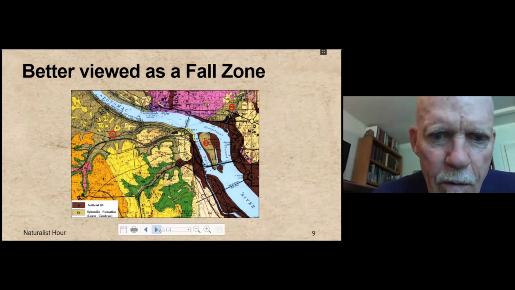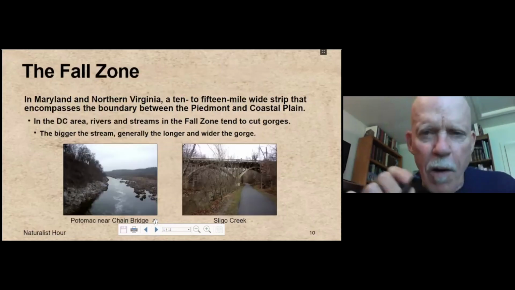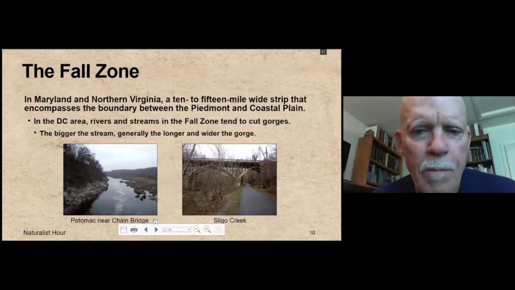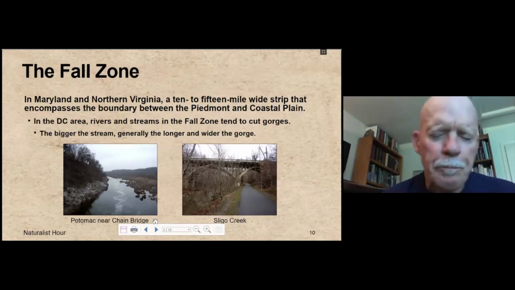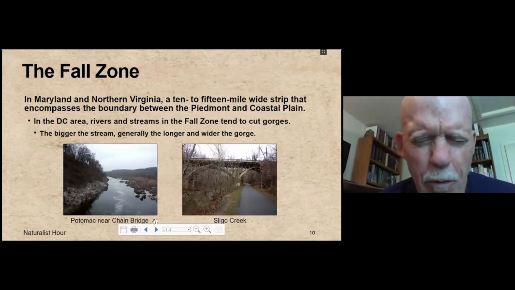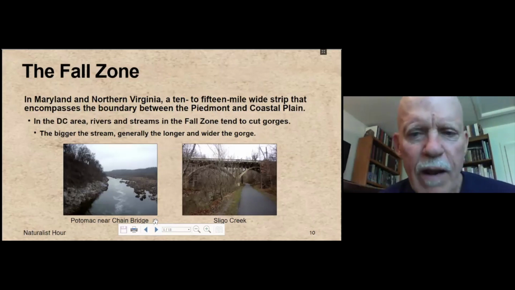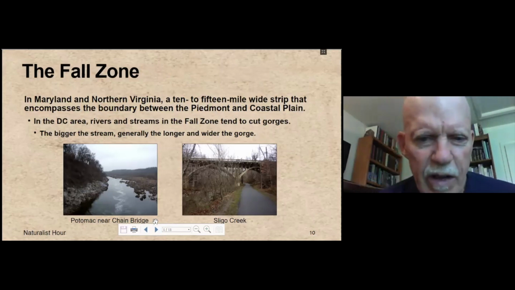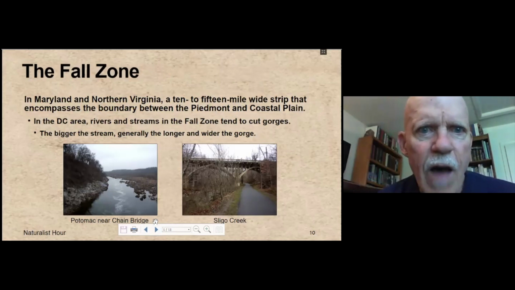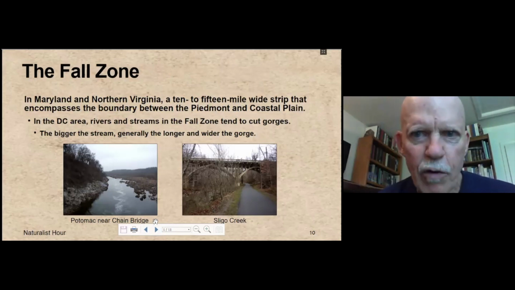Now, we've gotten this far, so I want to try to define the fall zone, and then I'm going to give you a little bit of example from Maryland how you would determine that you were in the fall zone or not. Okay, so in our local area, a 10 to 15 mile strip would encompass the boundary between the Piedmont and the coastal plain.